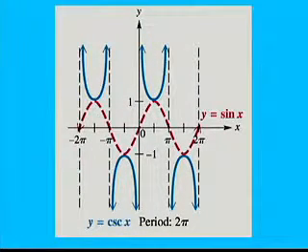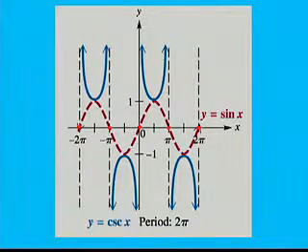Let's take a look at each graph in a little more detail and identify basic characteristics, starting with y equals cosecant x. The domain. Well, we'll notice for this, the domain would be all real numbers except for where we have our vertical asymptotes, because of course we cannot plug in those x values. And those turn out to be integer multiples of pi.